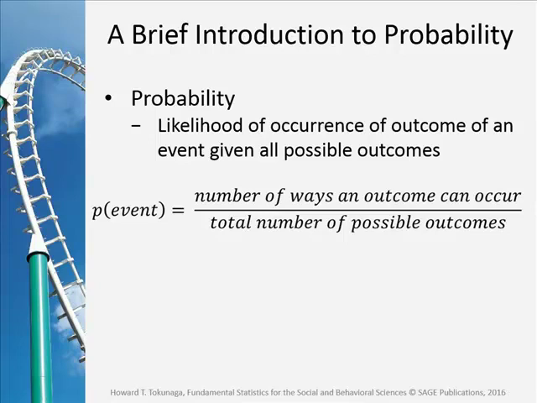Given all possible outcomes. So if we want to write this as an equation, P stands for probability. In parentheses is the event that happens. Equal to the number of ways an outcome can occur divided by the total number of possible outcomes.